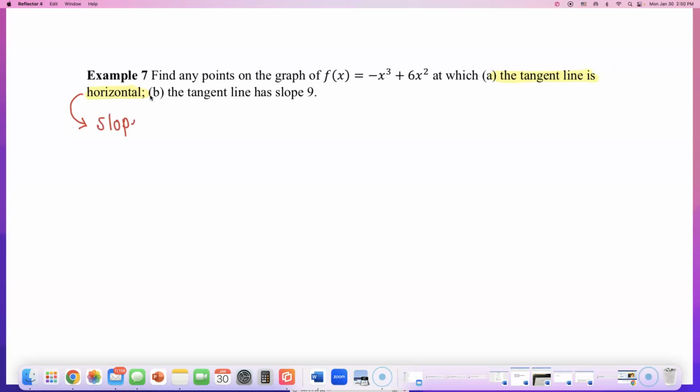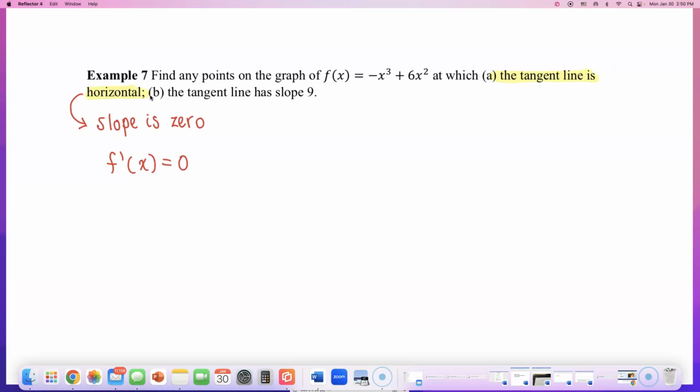Okay, slope must be 0. But what is slope in calculus? Well, that's the derivative, isn't it? So what they are saying is, when is the derivative equal to 0? Because that is when the slope is 0, and that is when a line looks like a flat horizontal line.